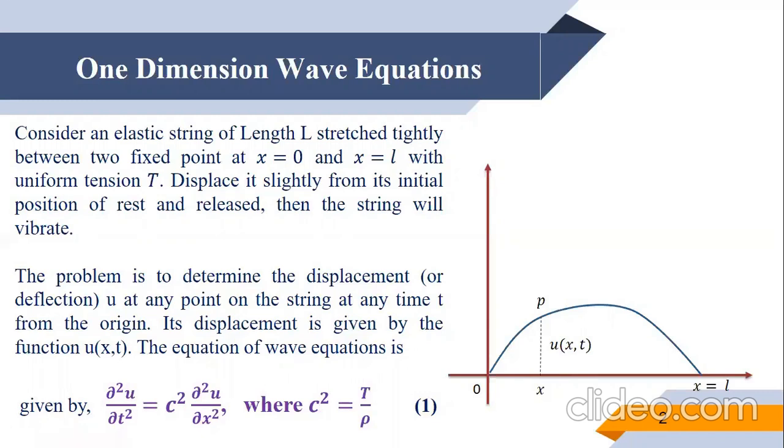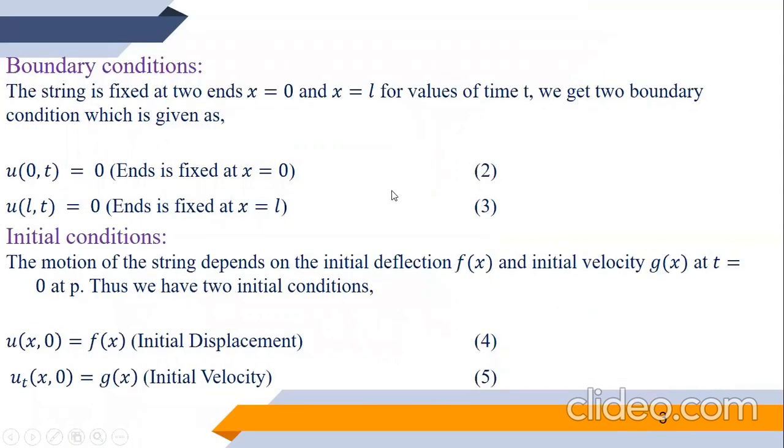Now we discuss the boundary condition and initial condition of this problem. First, the boundary condition. Here the string is fixed at two ends, x is equal to 0 and x is equal to L, for any value of t. So we get two boundary conditions.